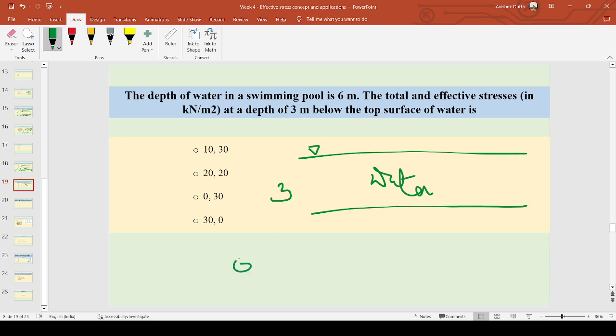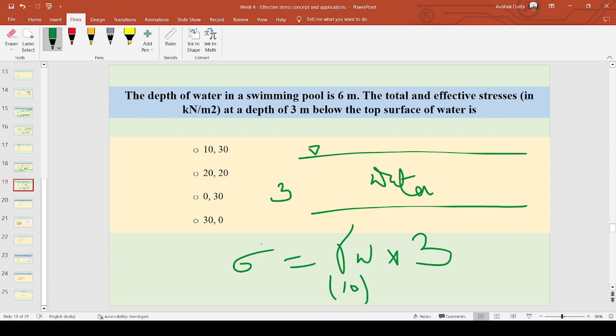So total stress equals gamma W, that is 10, into 3, the height of the water level.